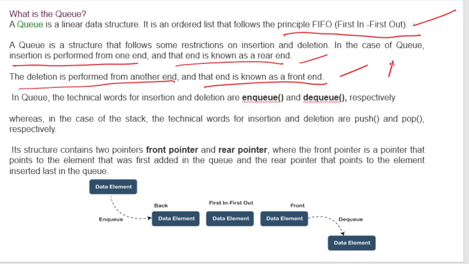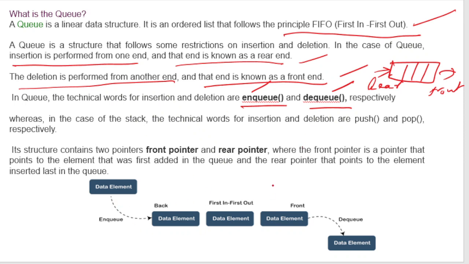So see, this is a queue. We are adding from here and deleting from here. This is called the front end and this is called the rear end. We are adding at the rear end and removing from the front end. In a queue, the technical words are enqueue and dequeue respectively: enqueue for insertion and dequeue for deletion.